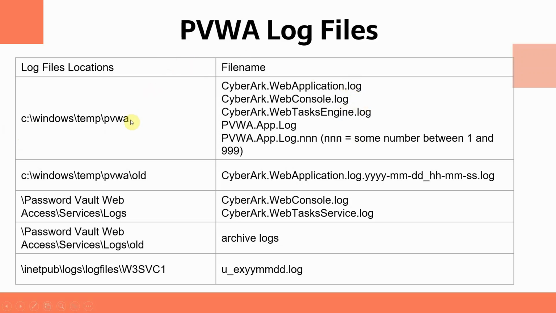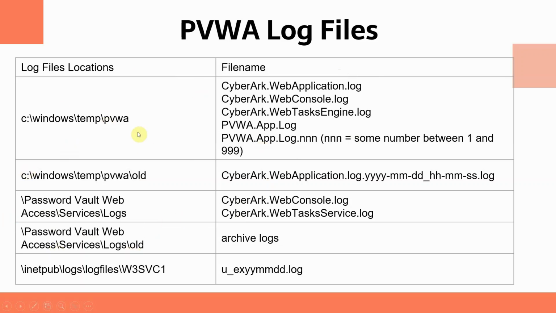If your PVWA is not loading or you are having some issues, every activity gets recorded in this path. You will see all these logs, and you can troubleshoot the issues. You can also see the old logs, and these are the old logs and the services related logs. So you can just find out under these paths.